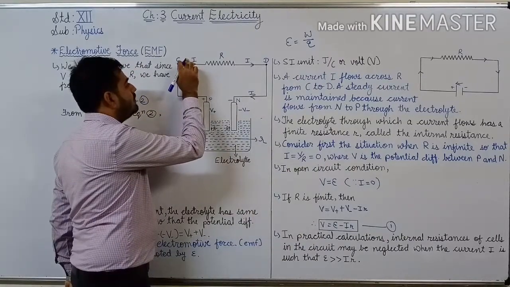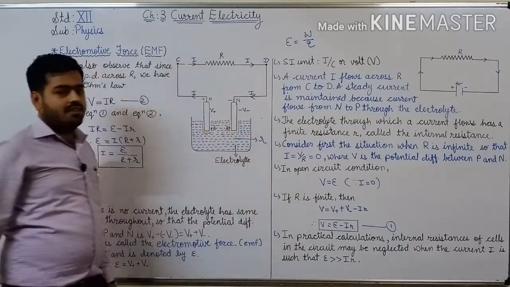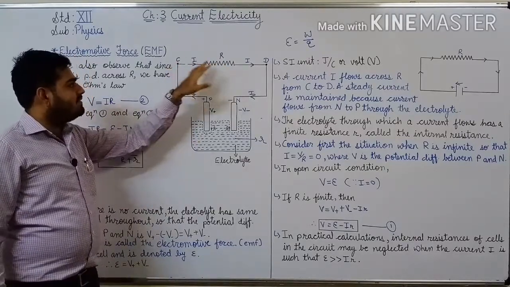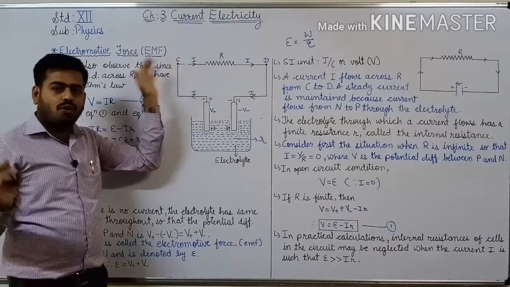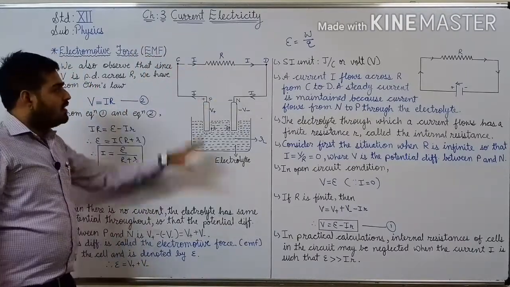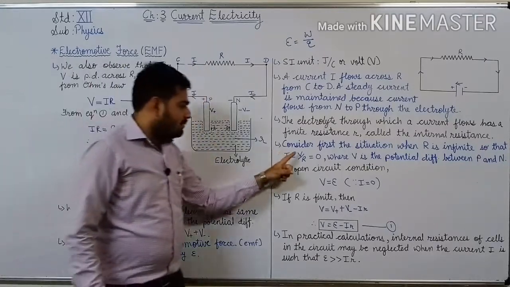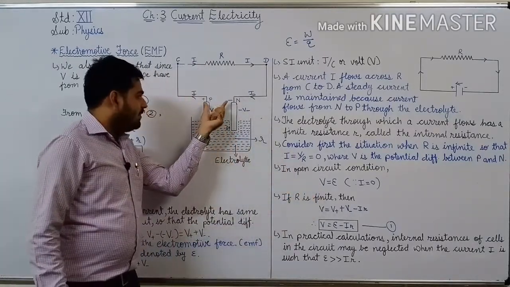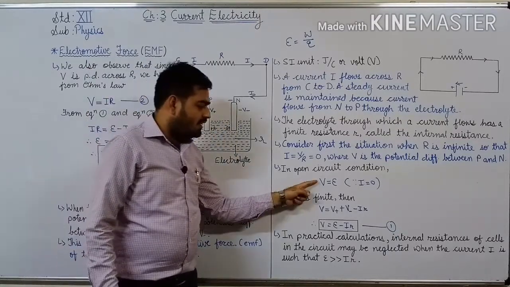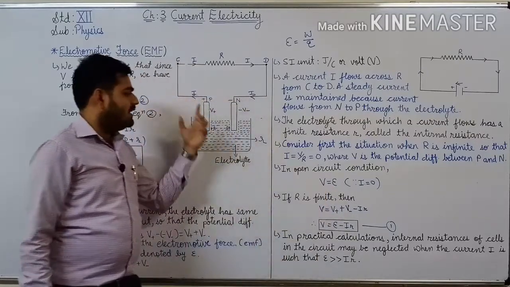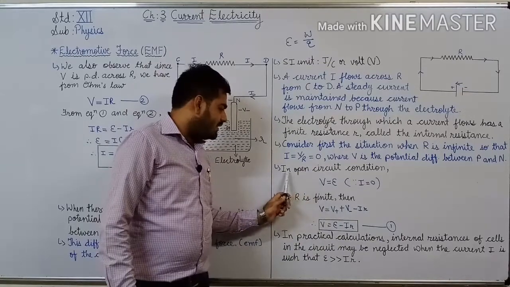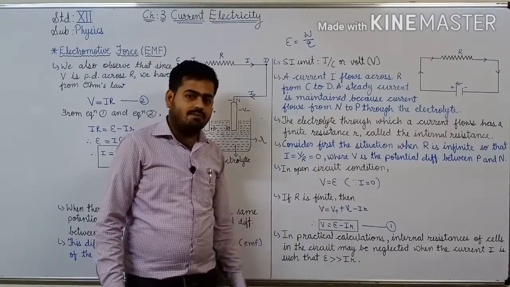Here if you remove the contact, then no current will flow, and this condition is called open circuit. There is no connection, so the circuit is open. There is no closed path, so current will not go ahead. If current is 0, then the potential difference between these two terminals, positive terminal and negative terminal, is nothing but EMF E when current is 0, and that condition is called open circuit condition.